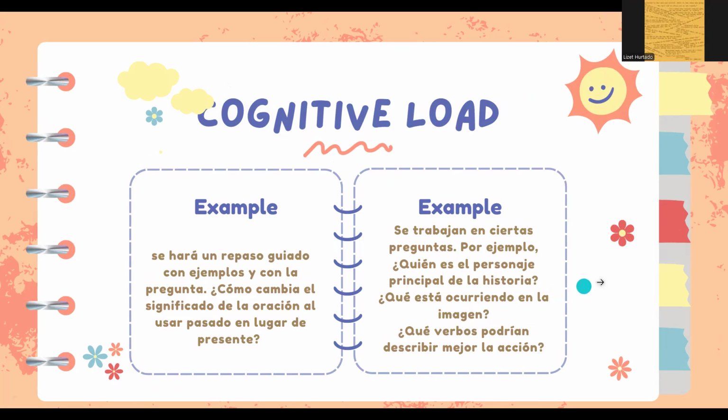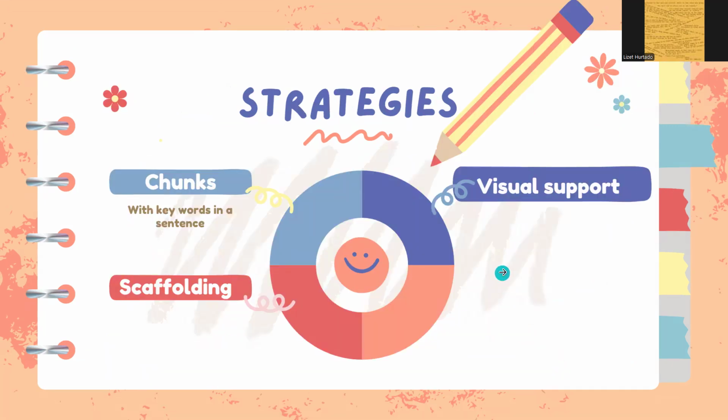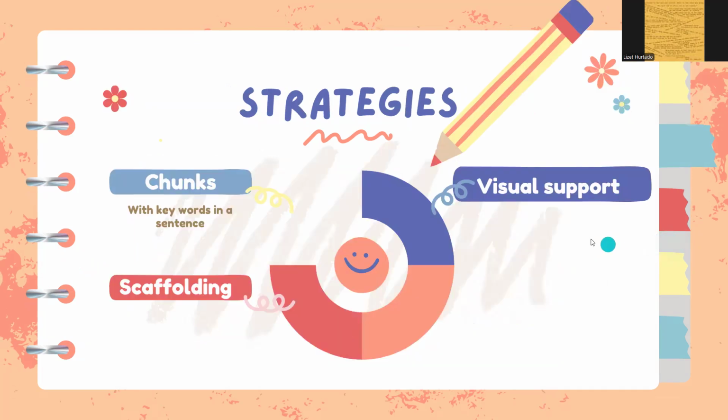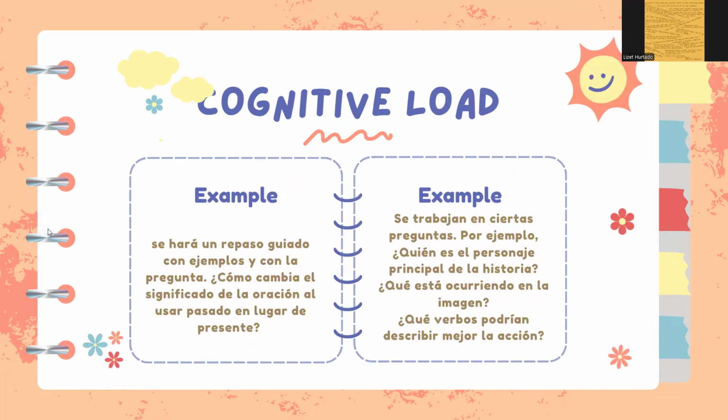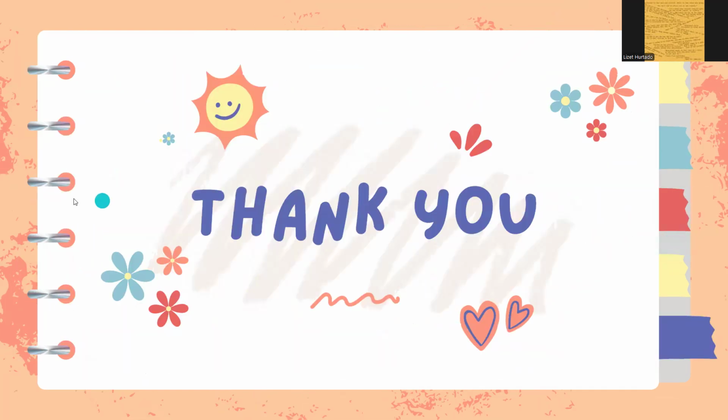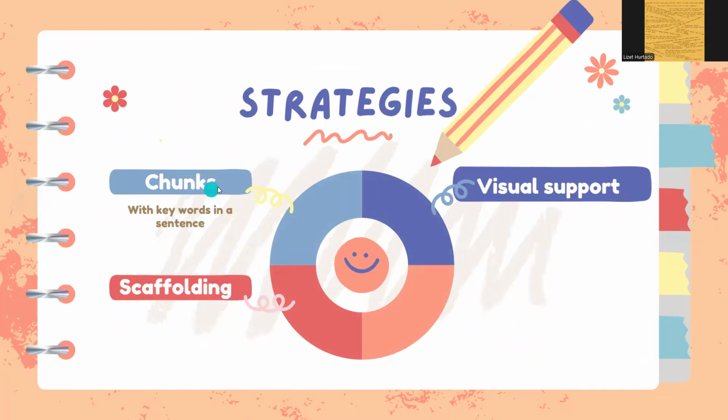Now, I will mention the strategies that I try to include in the lessons, and I will show the lesson in a few minutes. So, the strategies to reduce the cognitive load was the chunks.